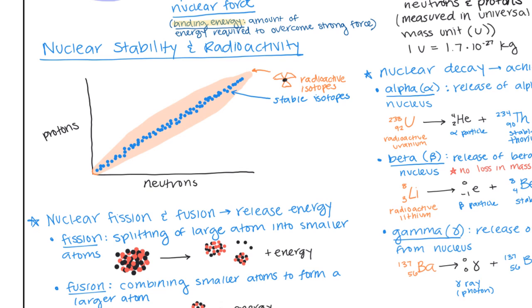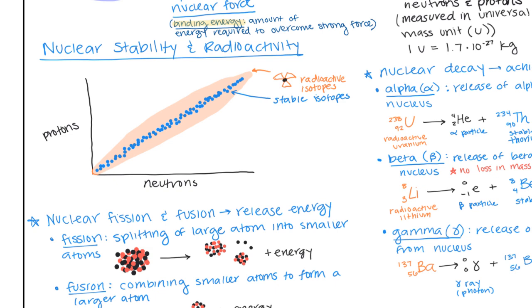So these isotopes that still exist but aren't as stable as our stable isotopes are what we call radioactive, meaning that, again, they exist, but they like to change themselves to become more stable. And I will explain what that means, because there's a variety of ways that these atoms can change the makeup of their nucleus to become more stable.